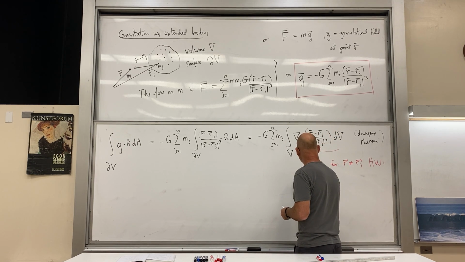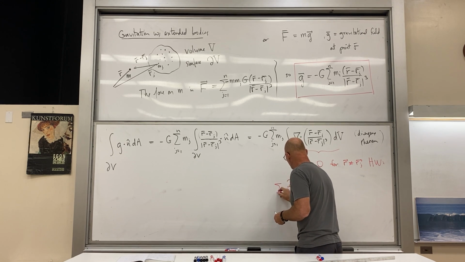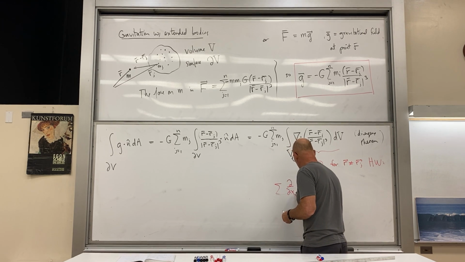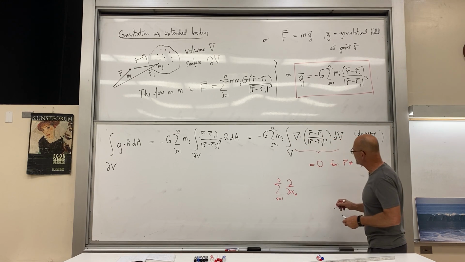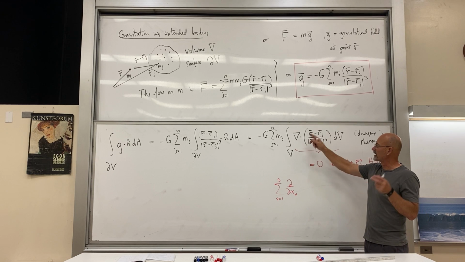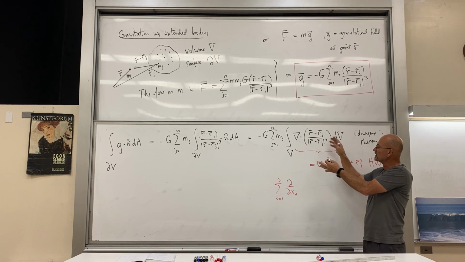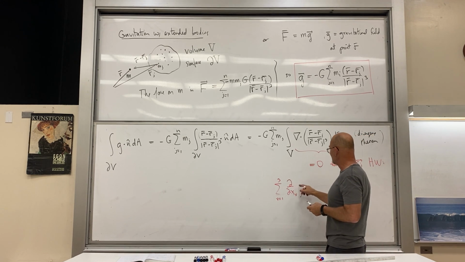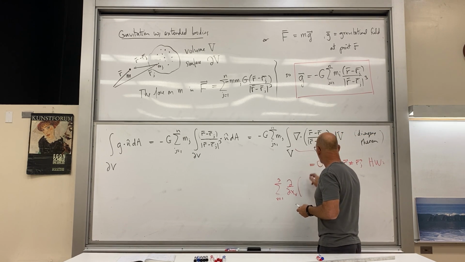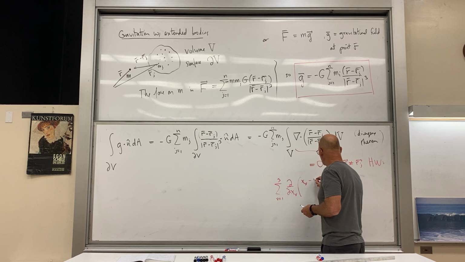This expression would be the sum over nu equals 1 to 3 of d/dx sub nu. Remember, the divergence is the derivative with respect to x of the x component of the vector, plus y, plus z component. So the x component of this thing would be x sub nu minus x sub j nu.